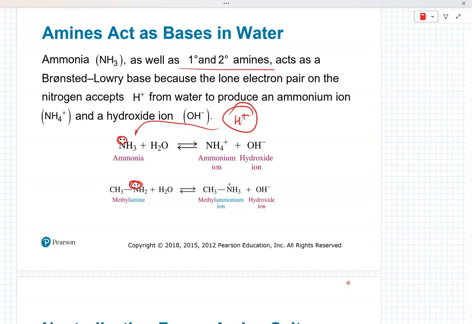So if you use ammonia, you end up with the ammonium ion, so ammonia serves as the Bronsted-Lowry base. But if you dissolve methylamine in water, it will also act as a Bronsted-Lowry base, accepting the hydrogen and forming the methyl ammonium ion. Does that make sense to you? Everybody? Good? Okay.